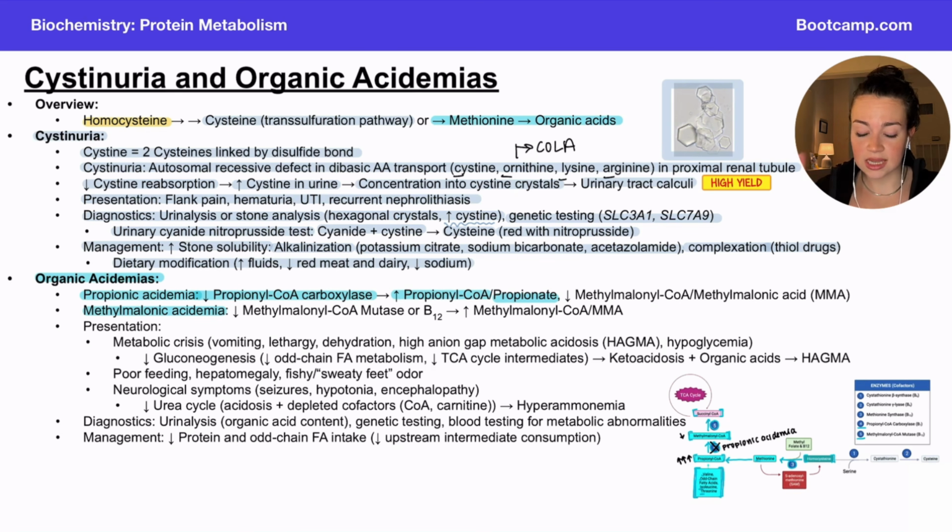So when you see things like propionyl-CoA and methylmalonyl-CoA, you can go ahead and associate their levels with the unconjugated versions of them, so propionic acid and methylmalonic acid, respectively. So the name propionic acidemia comes from the fact that we are getting a buildup of propionic acid. And we'll also have a decrease, like we said, in that methylmalonyl-CoA, as well as the associated methylmalonic acid.